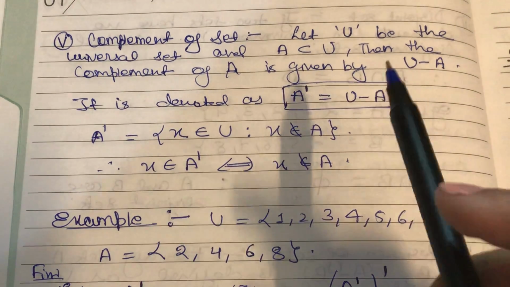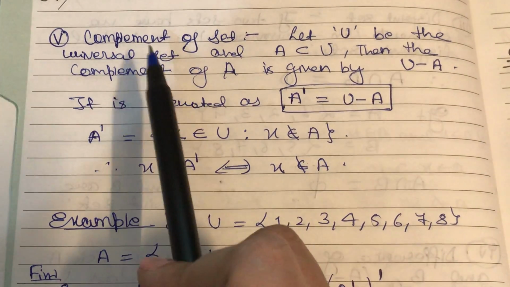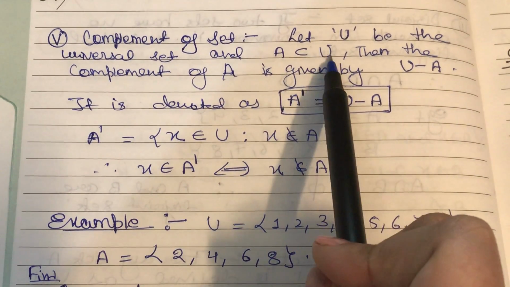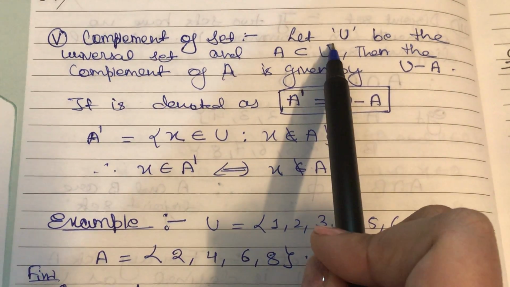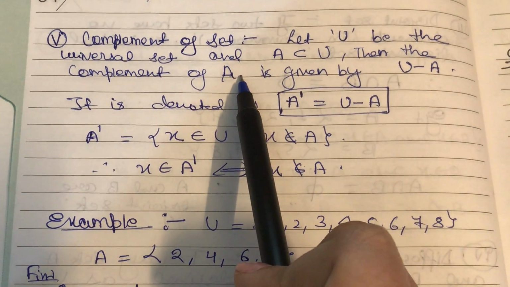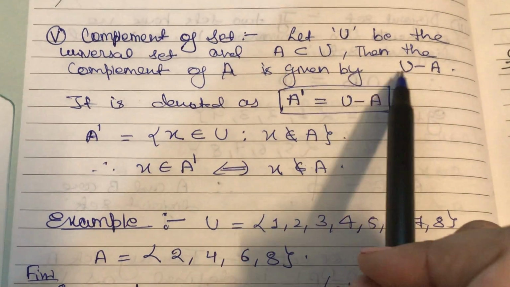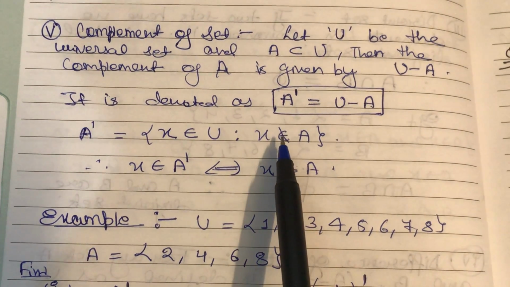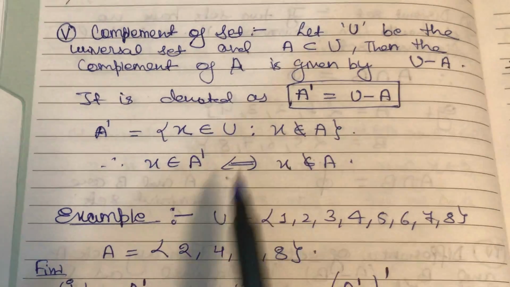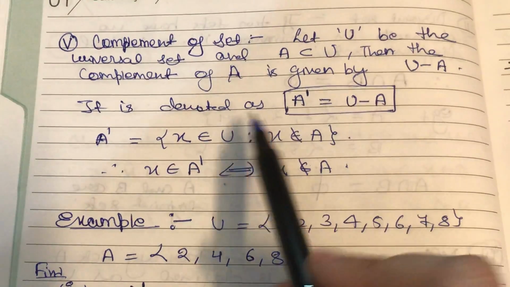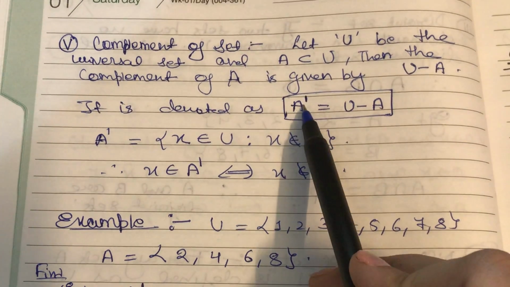So let U be the universal set and A is a subset of U. Then the complement of A is given by U minus A, which means that in order to find the complement of a particular set, I have to subtract that set from the universal set. So it is denoted by A complement.